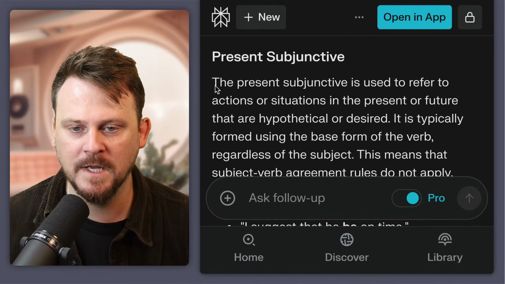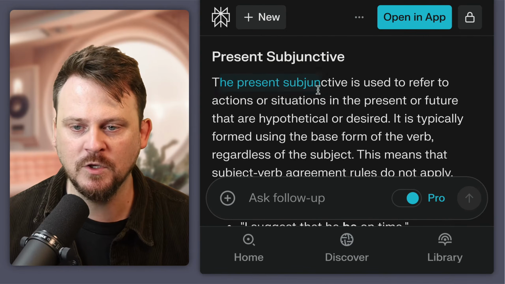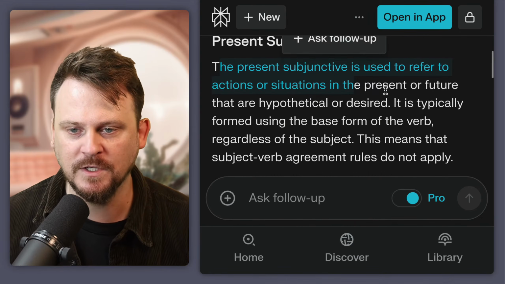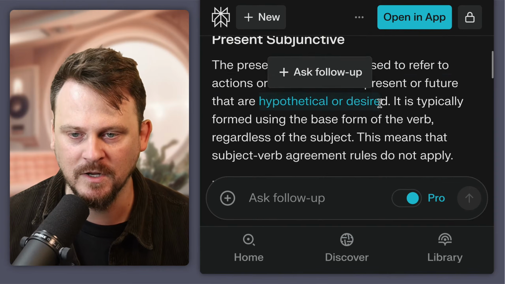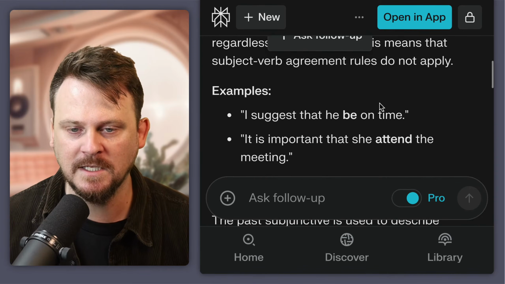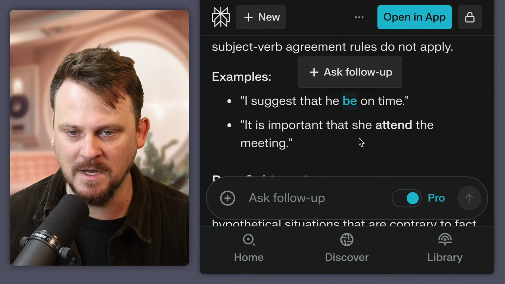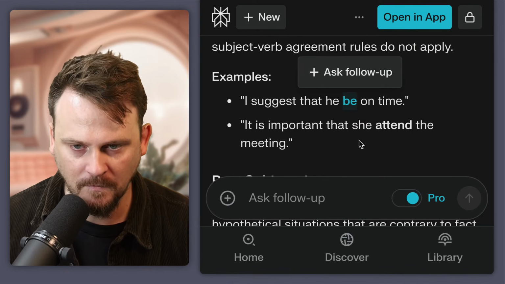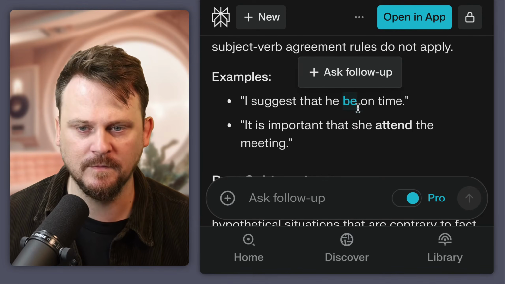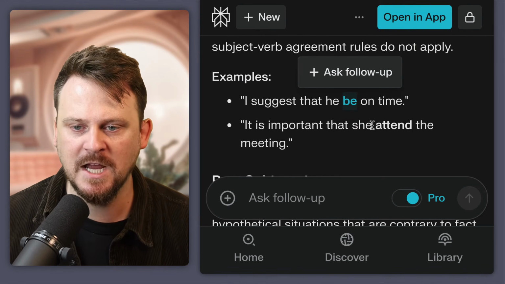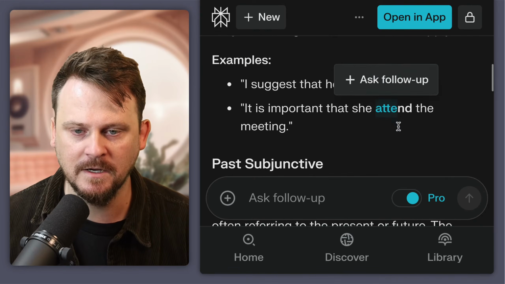Present subjunctive. The present subjunctive mood is used to refer to actions or situations in the present or future that are hypothetical or desired. Okay, and let's see if we can get an example. Examples. I suggest that he be on time, and be is highlighted telling me that something is different here. It is important that she attend the meeting, okay?